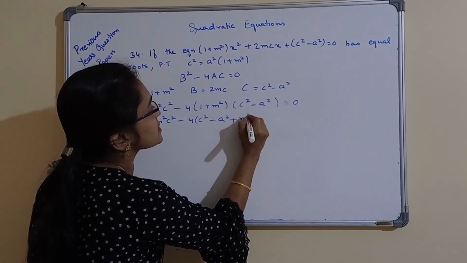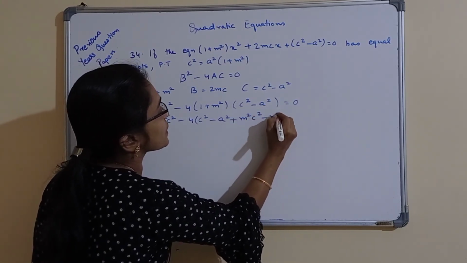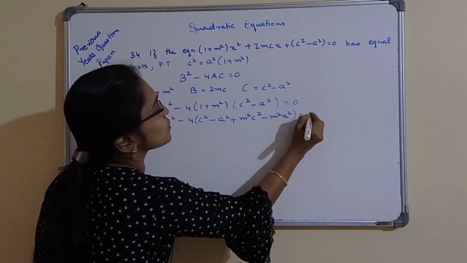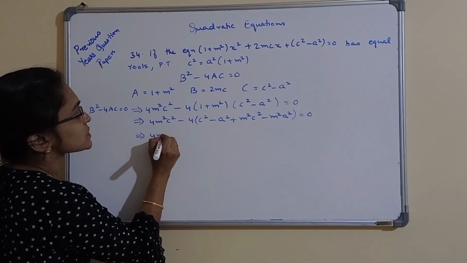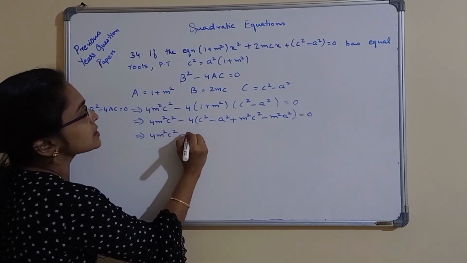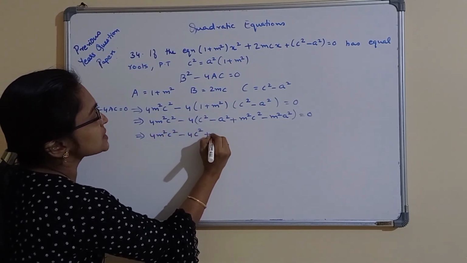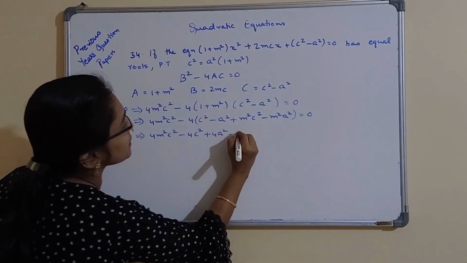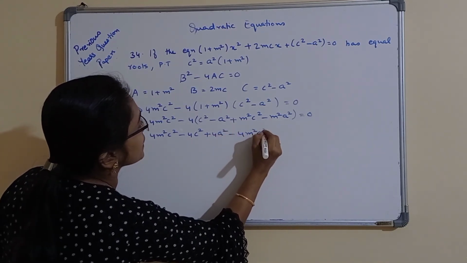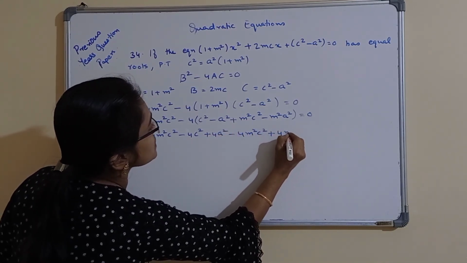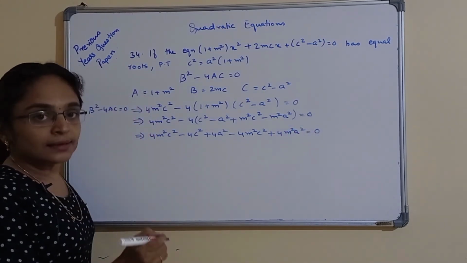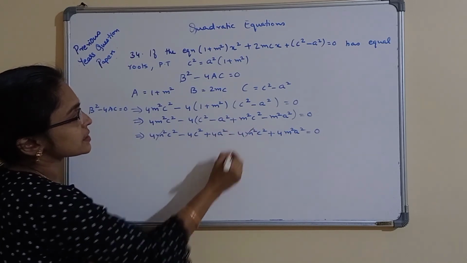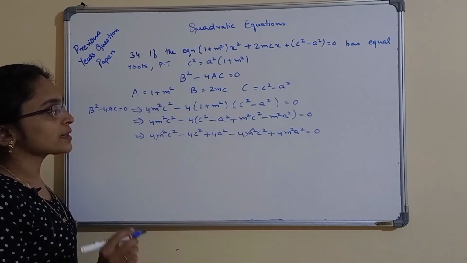So m square c square minus m square a square is equal to 0. Okay. Now this implies 4m square c square minus 4c square plus 4a square minus 4m square c square plus 4m square a square is equal to 0. Right? Now 4m square c square will get cancelled.